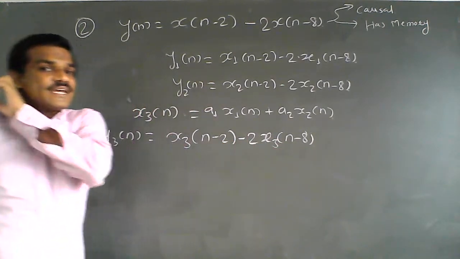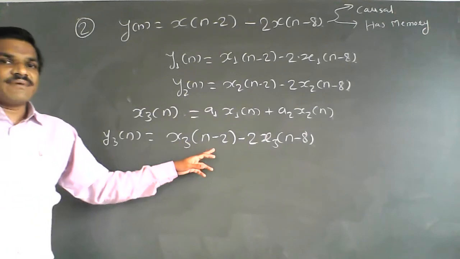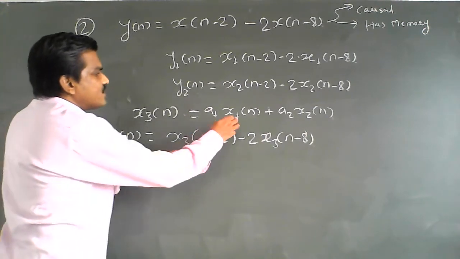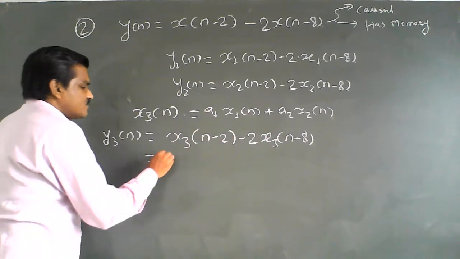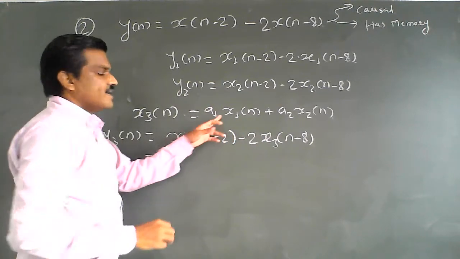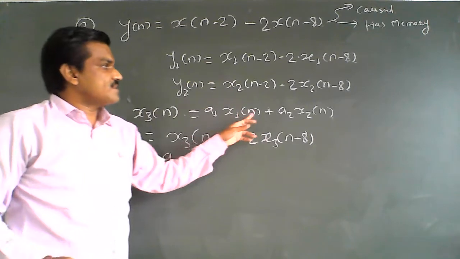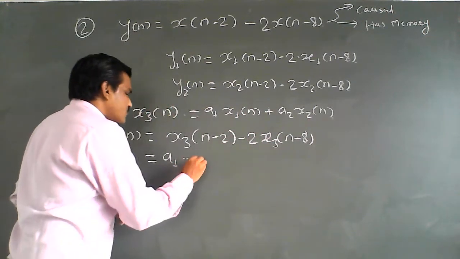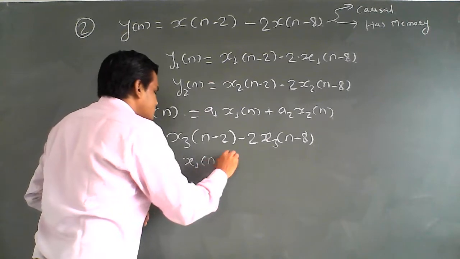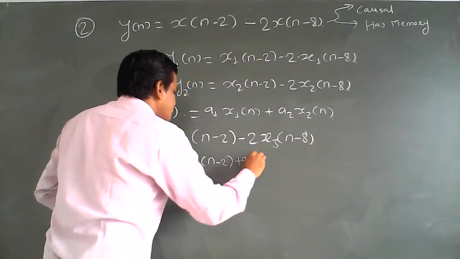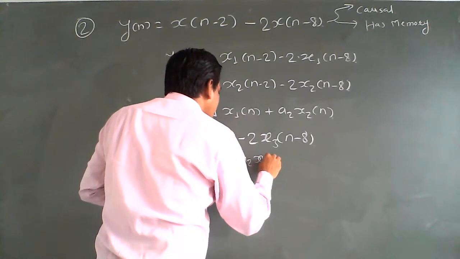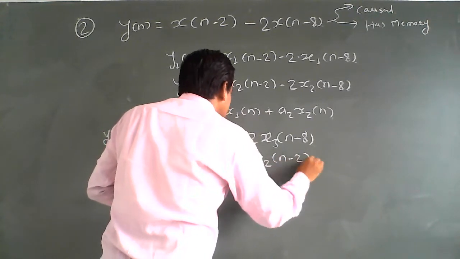So what is x3 of n minus 2? We write it in terms of this: a1 x1 of n plus a2 x2 of n, so a1 x1 of n minus 2 plus a2 x2 of n minus 2.